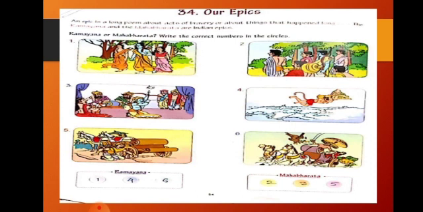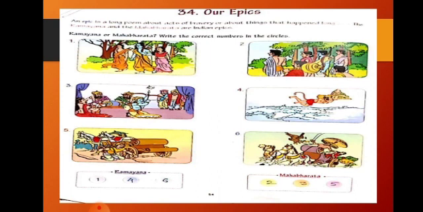At the bottom of the page you can find 3 circles below Ramayana and 3 circles where Mahabharata is written. Okay, so the first picture, you can see Ram with Sita and Lakshman. He is going towards the jungle, and the picture relates to Ramayana.